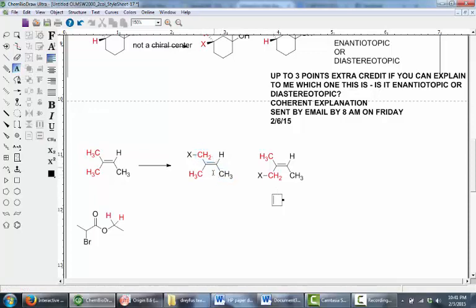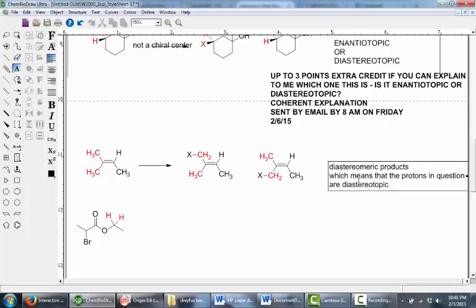In the first case, the X is on the same side as the H. Here I have the X on the different side from the H, so these are clearly not the same. What I'm getting are diastereomeric products. These are stereoisomers that are not enantiomers, which means that the protons in question are diastereotopic.